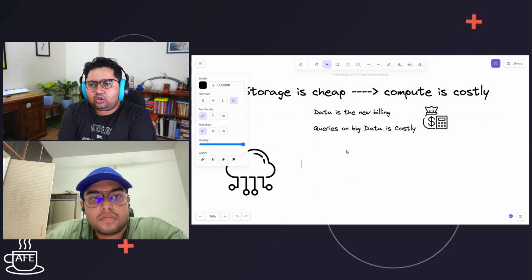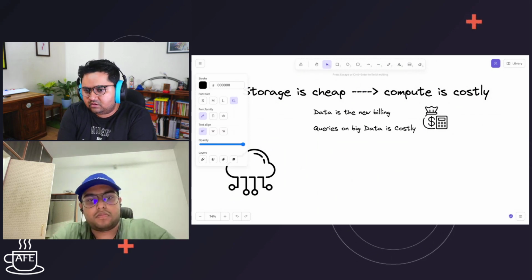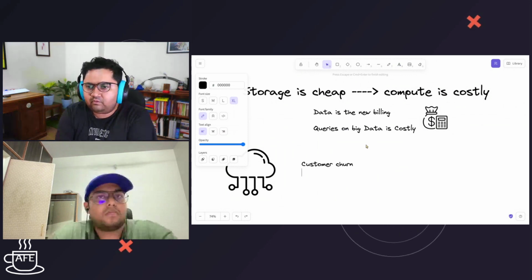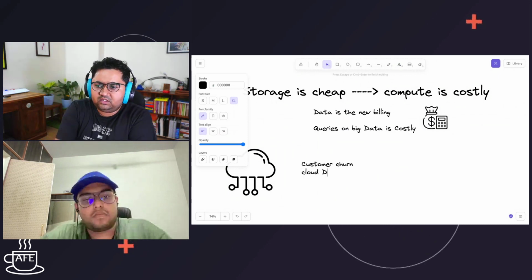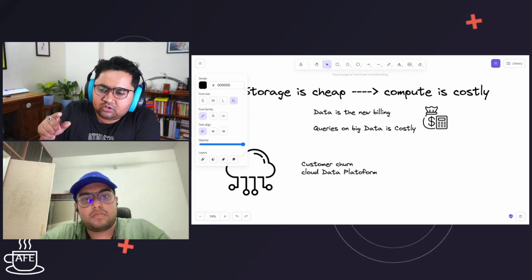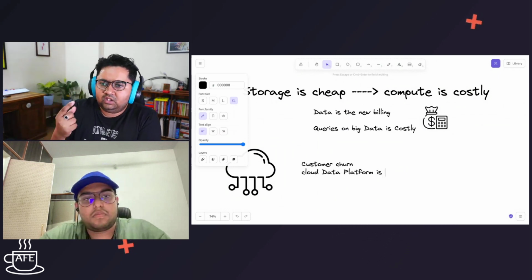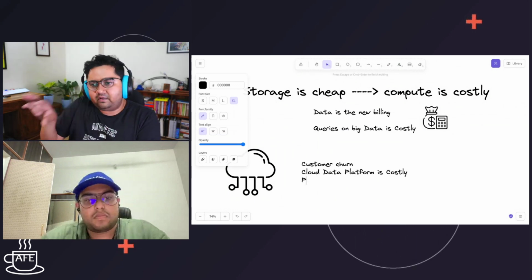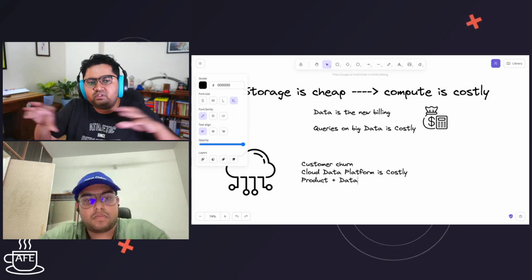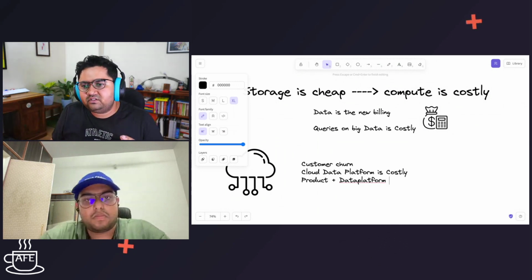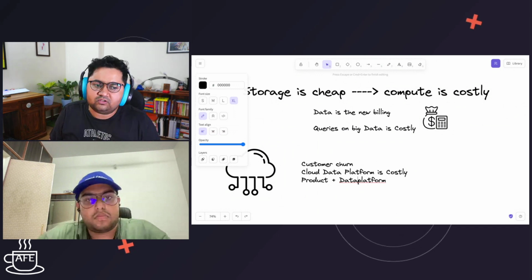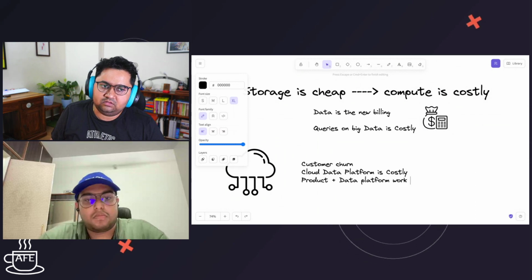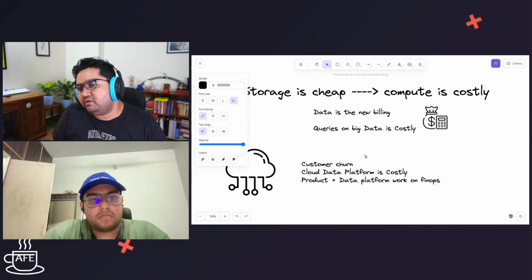But a lot of waste would lead to customer churn, which is to say that if you start on some cloud data platform and you are incrementally increasing the cost, sooner or later the customer would want to go away. So both product teams as well as data platform technology teams are increasingly aware of this problem, and they are trying to do the cost optimization. So this is, I think, going to be really, really important for teams going further.